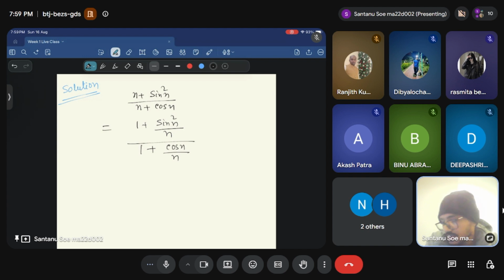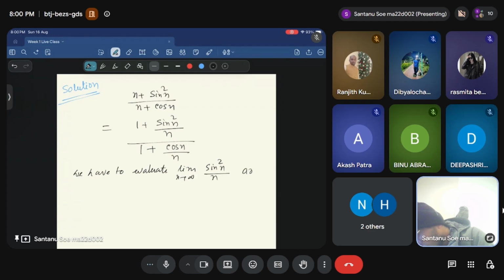Okay, so we have to evaluate limit n tends to infinity of sine square of n divided by n, and limit n tends to infinity of cos of n divided by n.